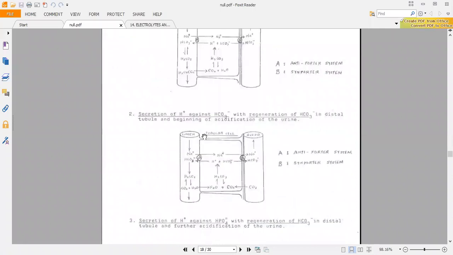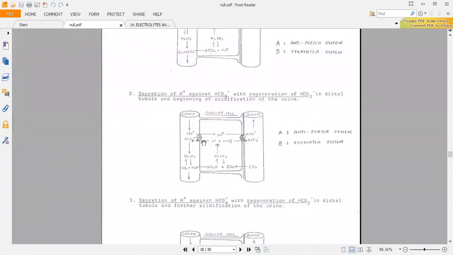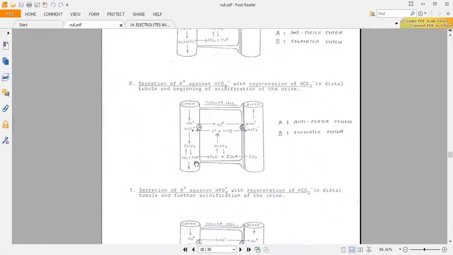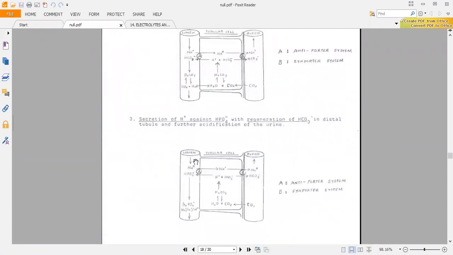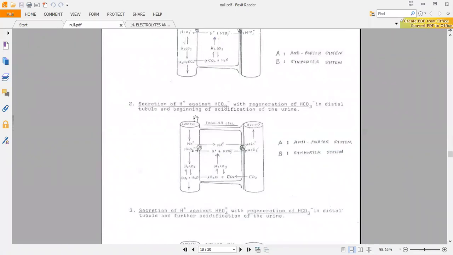There's also another way, which is almost the same thing as the first one. Let me use this to explain. As the acid is coming, the H plus is going to react with the bicarbonate to form H2CO3, and it will break down to carbon dioxide and water.